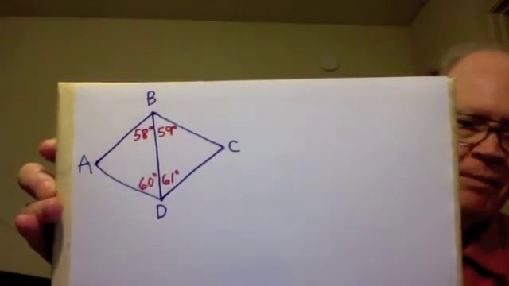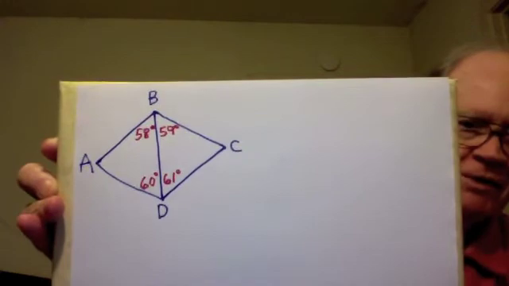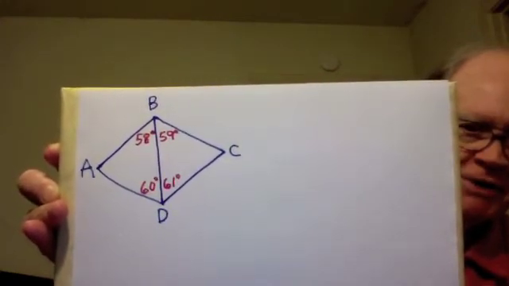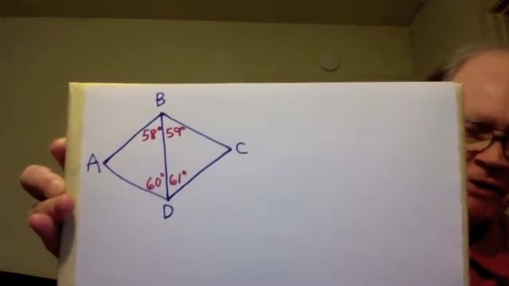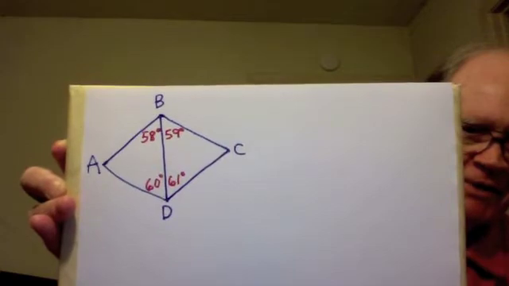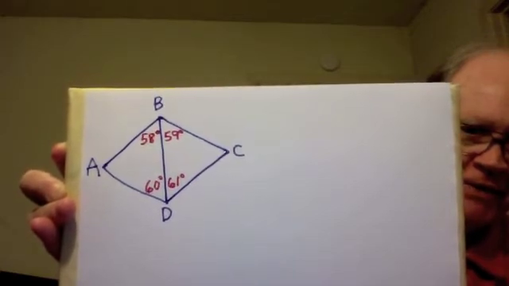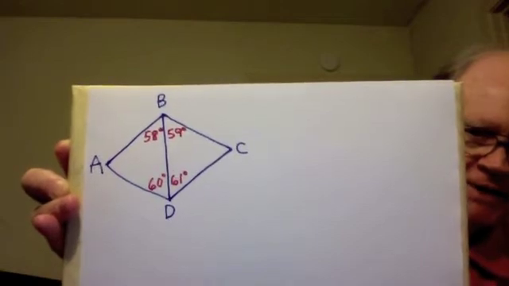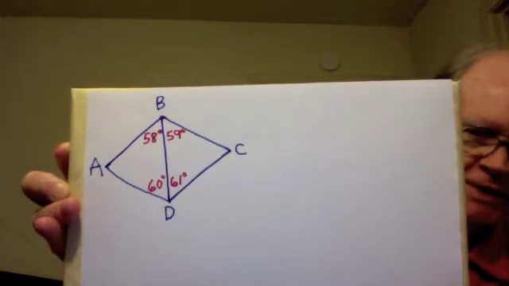Now here's the problem. We have these two triangles, triangle ABD and triangle BCD, and this is not drawn to scale. These two triangles share side BD. And the two angles at B are on the left 58 degrees, on the right 59 degrees. And the two angles at D, on the left 60 degrees and on the right 61 degrees.